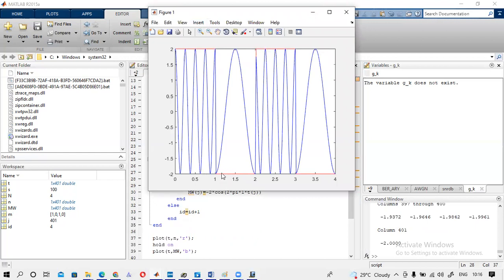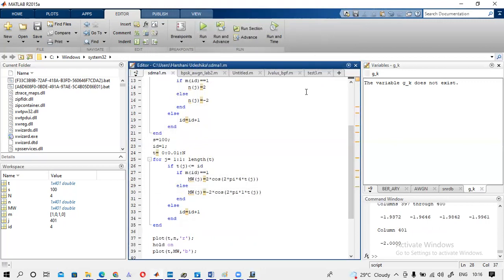Oh sorry, the frequency should be the same. The frequency I will put here 2, and here also I will put 2. The frequency should be the same, only the phase shift. So this has a pi phase shift, that is why it has a minus sign.